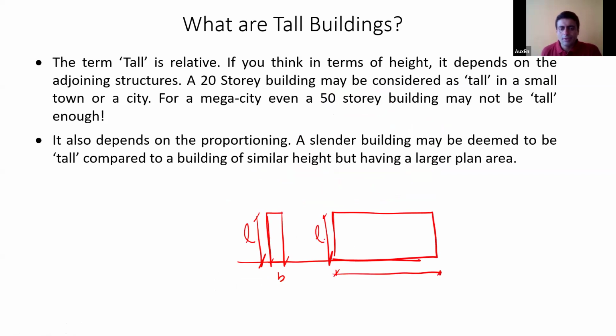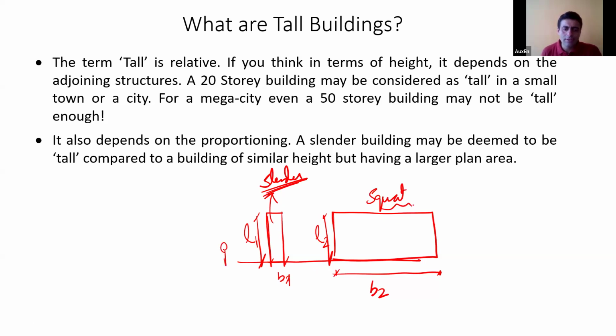Squat means a greater, substantial width as compared to height. Now this building which is slender, when I say slender, I mean which has a higher height to width ratio, this may look slender. This may look like a squat building.